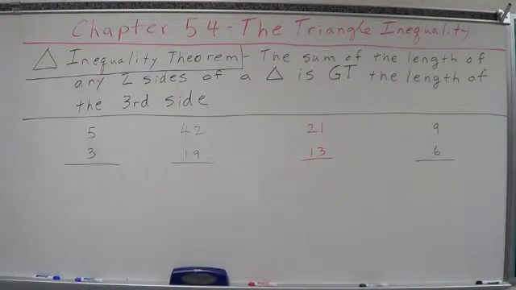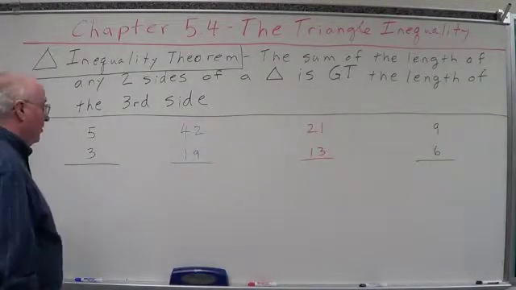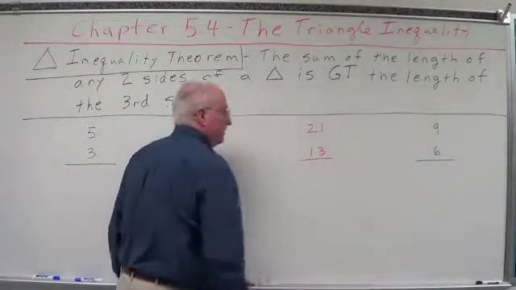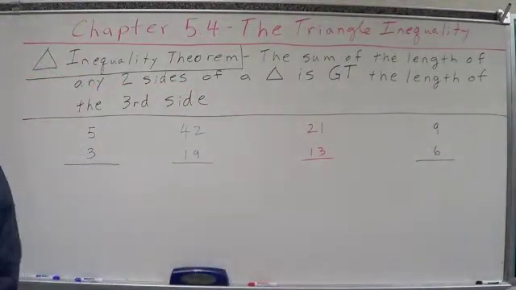Now you can actually sit here and do trial and error, doing a little addition problem to see if you can come up with it. Or you can do a little process that works every time.